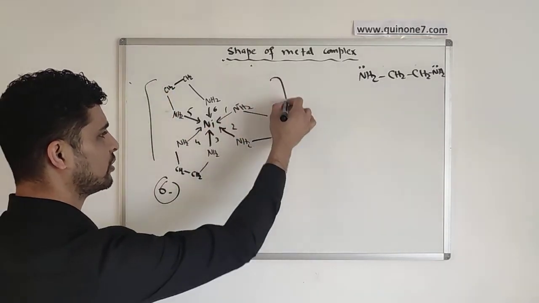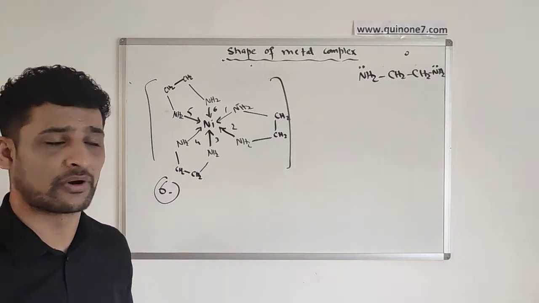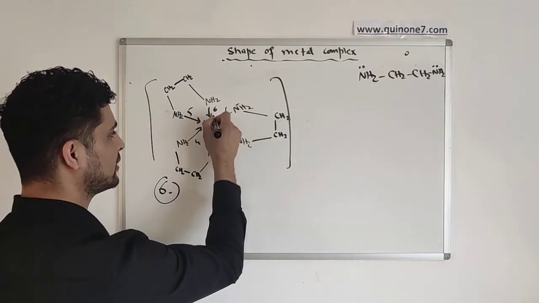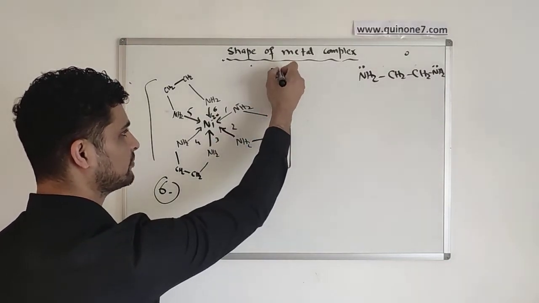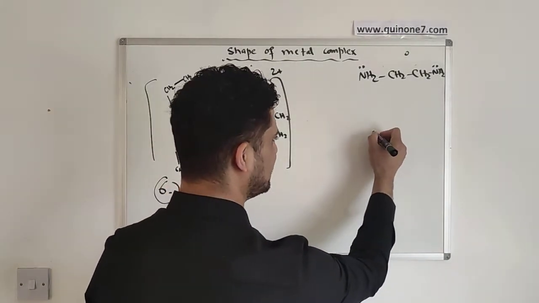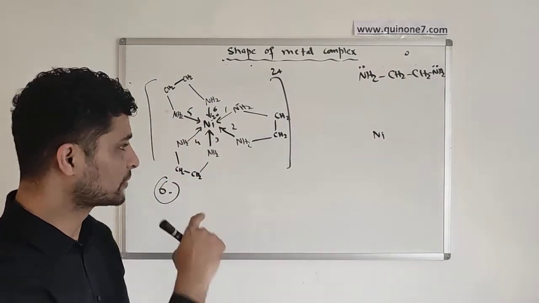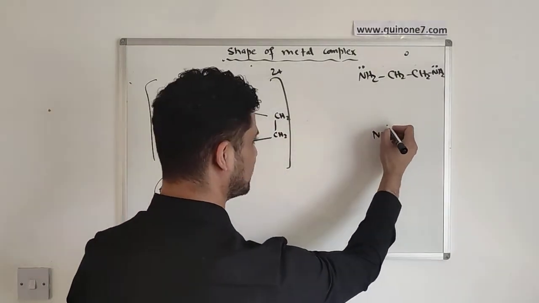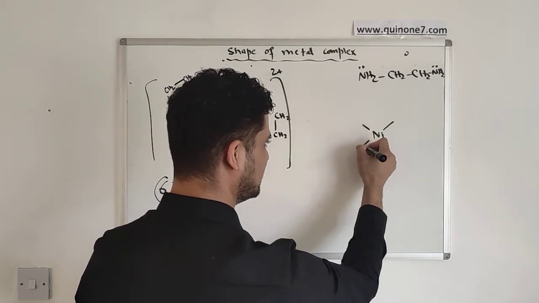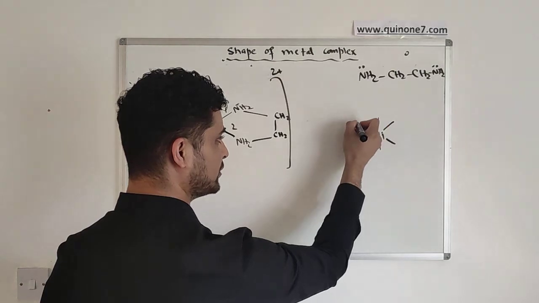The overall charge, obviously this ligand is a neutral molecule, it doesn't carry any negative or positive charge. In this case, nickel is in the +2 state, so the overall charge will be +2. Now what's going to happen is, if you have nickel again, this molecule can be present in a different sort of arrangement. You can draw the same again like you did before, and now in this case you're going to draw NH2 there again.